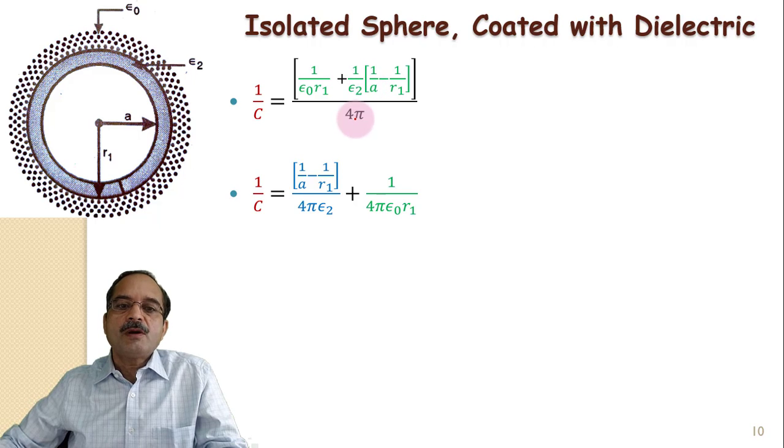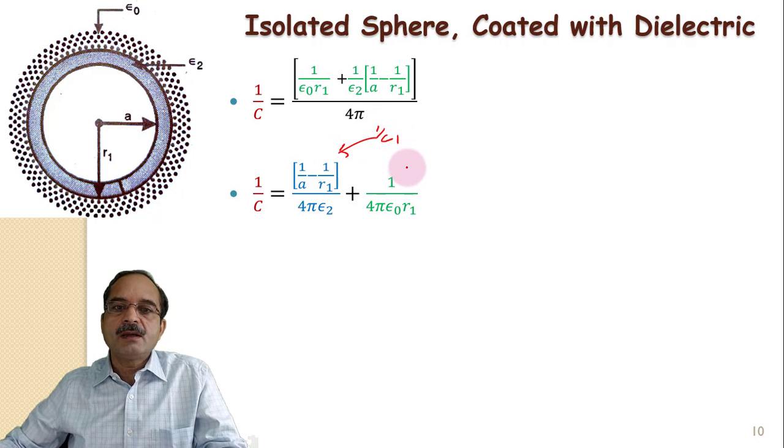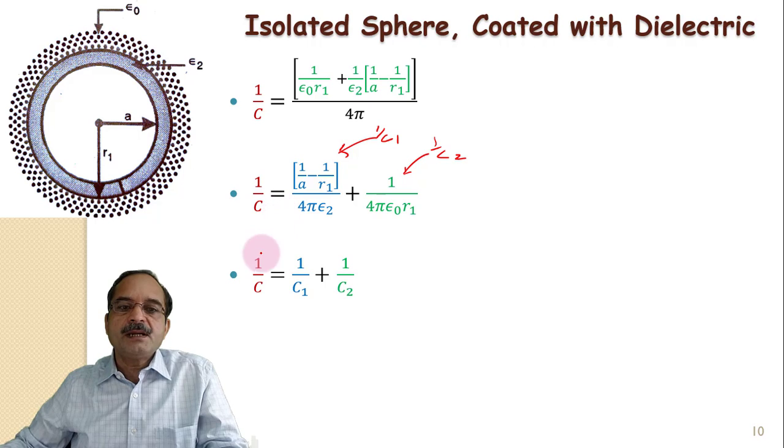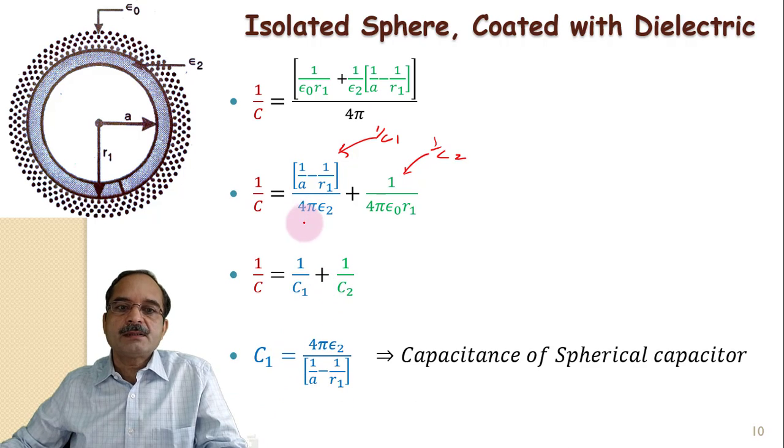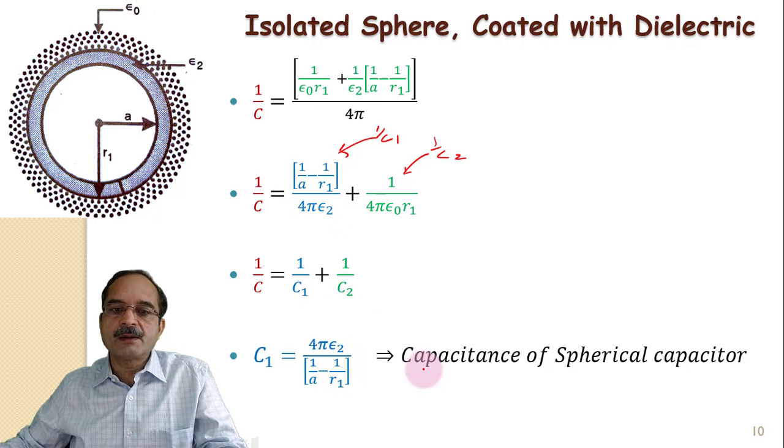This term, 1 upon epsilon 2 4 pi and this 1 upon A minus 1 upon R1, this is the first term. This can be 1 upon C1 and this is in the form of 1 upon C2. This we represented in this form, 1 upon C equal to 1 upon C1 plus 1 upon C2, where C1 is this term 4 pi epsilon 2 upon 1 upon A minus 1 upon R1.